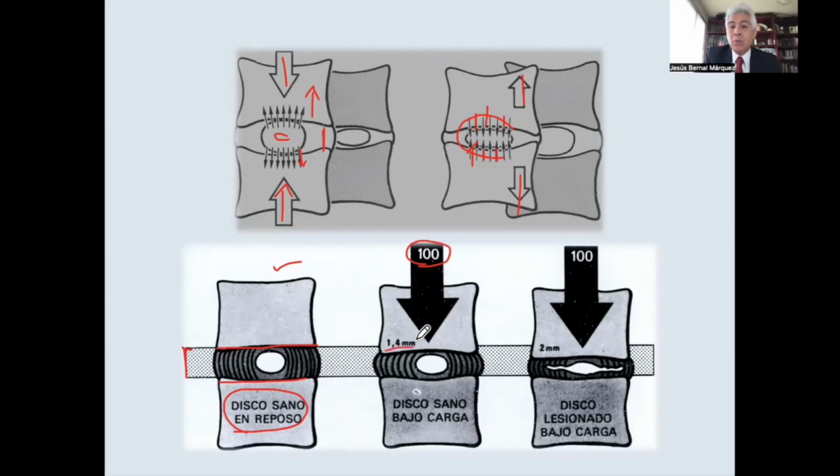Our interbody space decreases by 4 millimeters, our intervertebral disc under load. But in healthy conditions, that disc recovers again. Those 4 millimeters that are lost during weight bearing recover again as long as it is healthy.